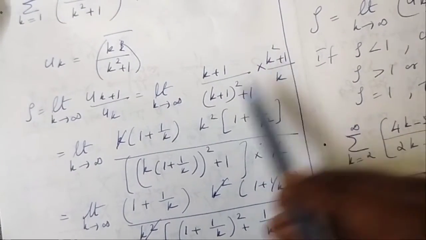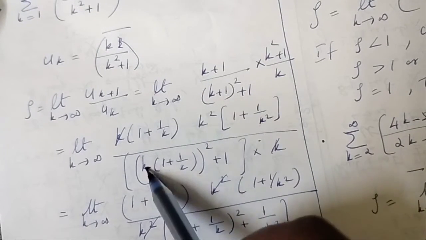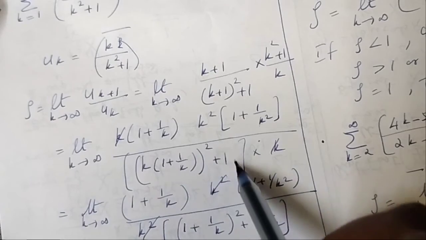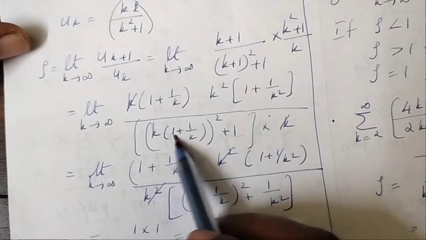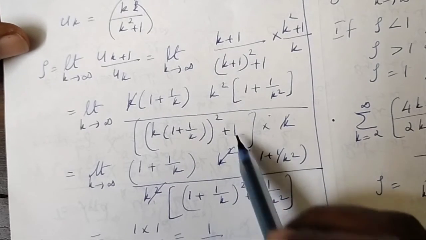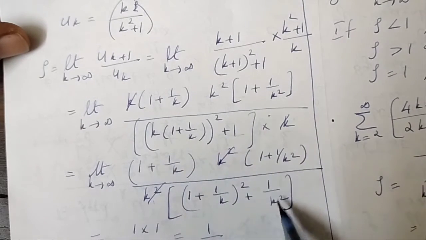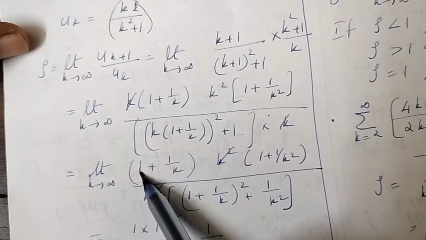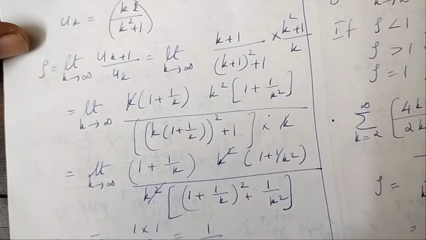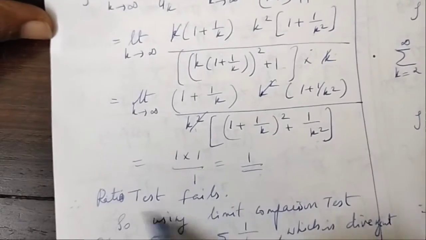In the denominator, k square outside, 1 plus 1 by k the whole square plus 1 by k square. So k square cancels. As k tends to infinity, it is 1 into 1 by 1. That is 1. So if rho is 1, the ratio test fails.